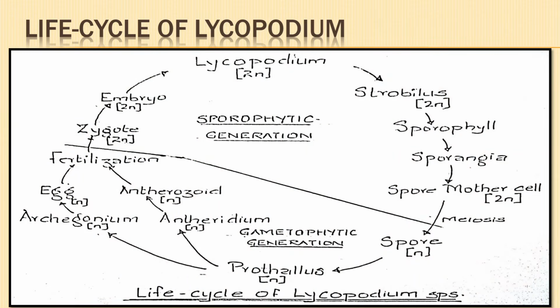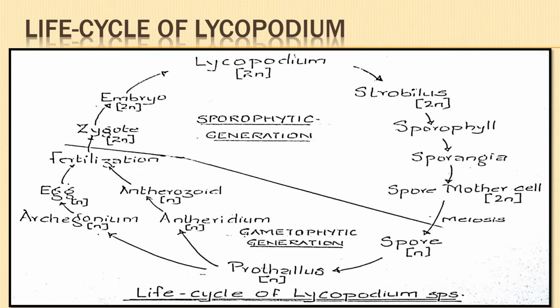The sporophytic plant body of Lycopodium, which is diploid, has an aggregate of sporophylls called Strobilus. Sporophylls bear sporangia. The sporogenous tissue of the sporangia differentiates into spore mother cell, which undergoes meiosis to form haploid spore.